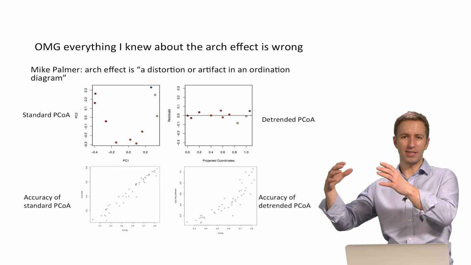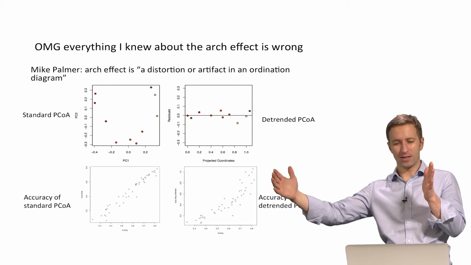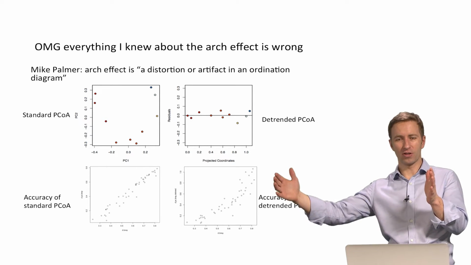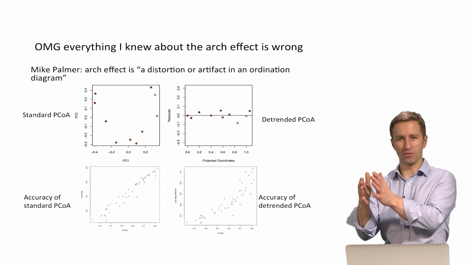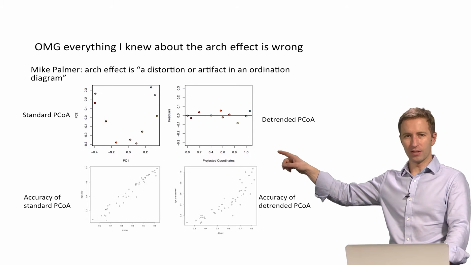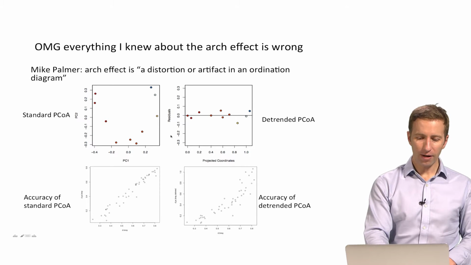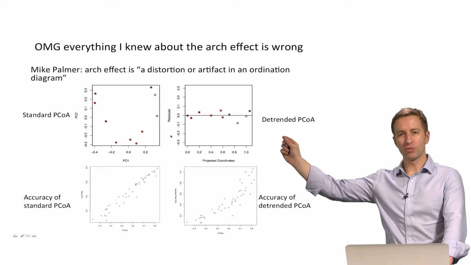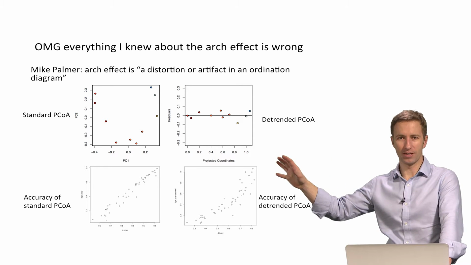What you really want to see is that the ends are far apart, as far apart from each other as any of the samples are, and the middle is sort of in between the two, which would be this detrended version here.